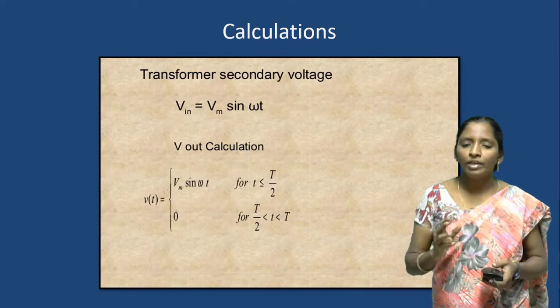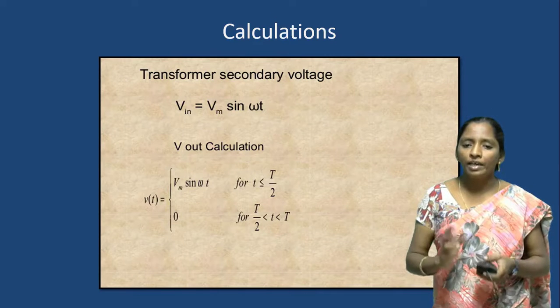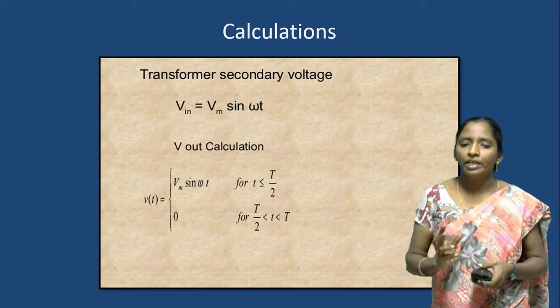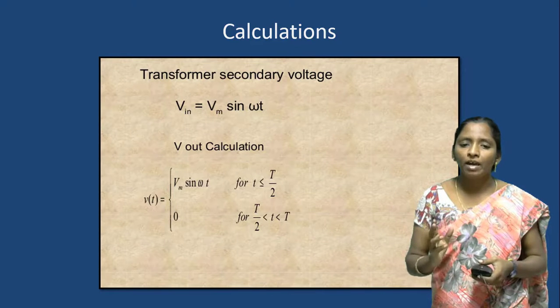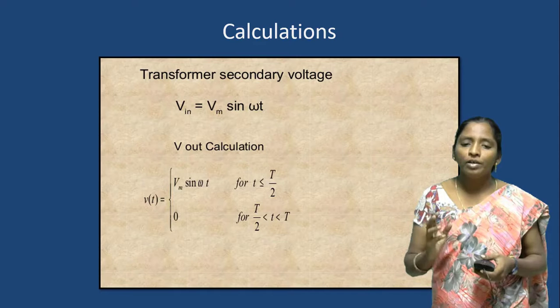We have to calculate the VDC and IDC for the half wave rectifier. Here the given input is Vin equal to Vm sin omega t. The output is present during 0 to pi, that is, the 0 to T by 2 time period only.